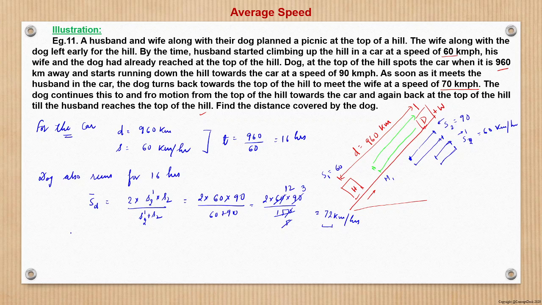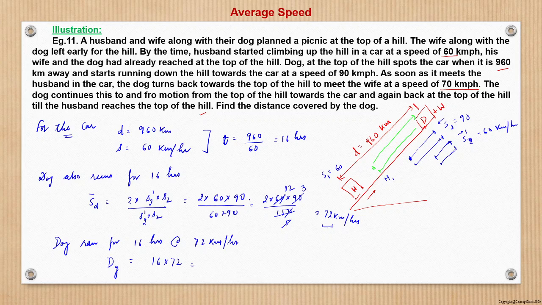So we can say that the dog ran for 16 hours at 72 kilometer per hour. So the total distance covered by the dog will be 16 into 72, right? 16 into 72.